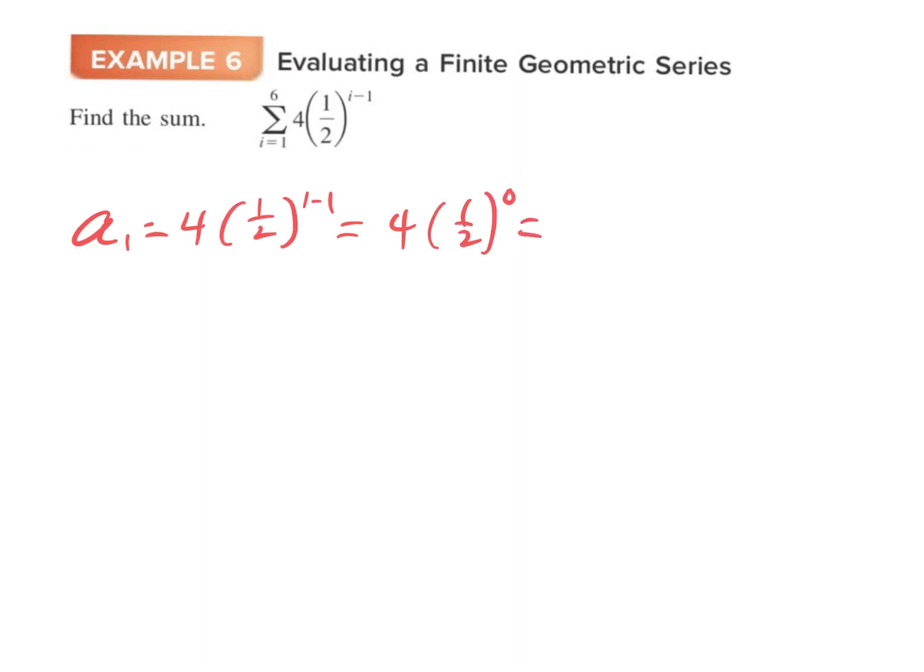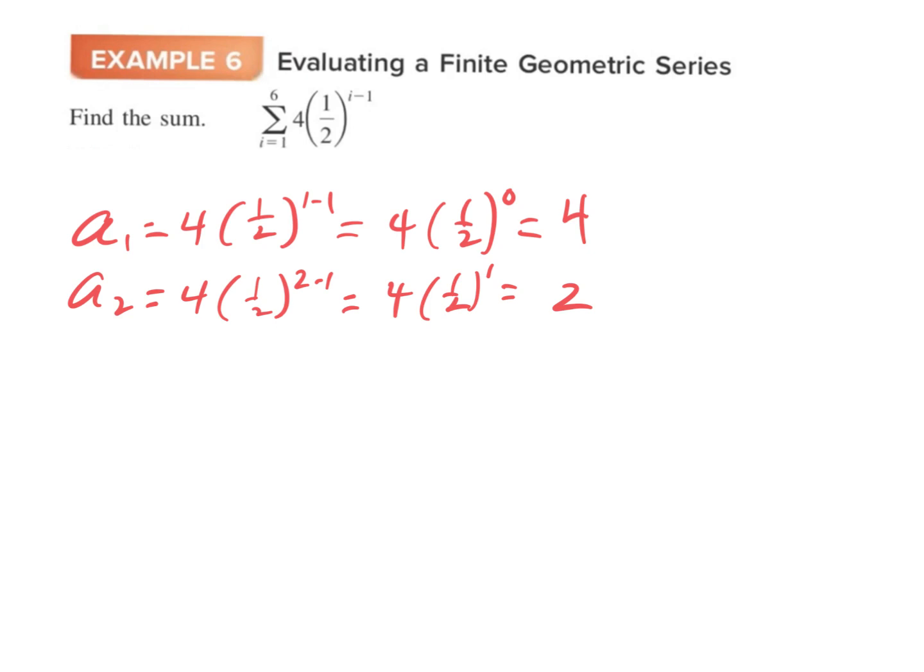What is 1/2 to the 0? 1. So that's 4 times 1. All right, let's find the second term: 4 times 1/2 to the 2 minus 1, which is 4 times 1/2 to the first, so that is 2.